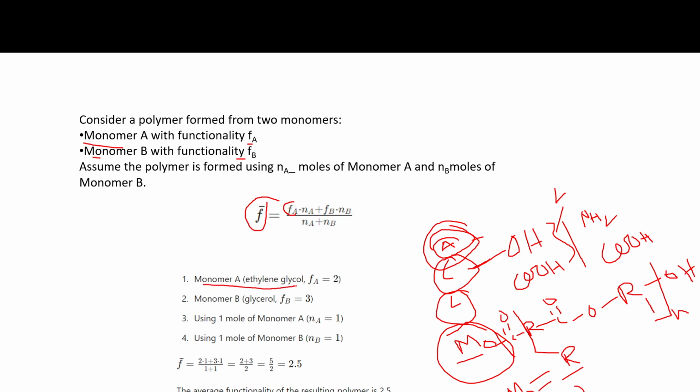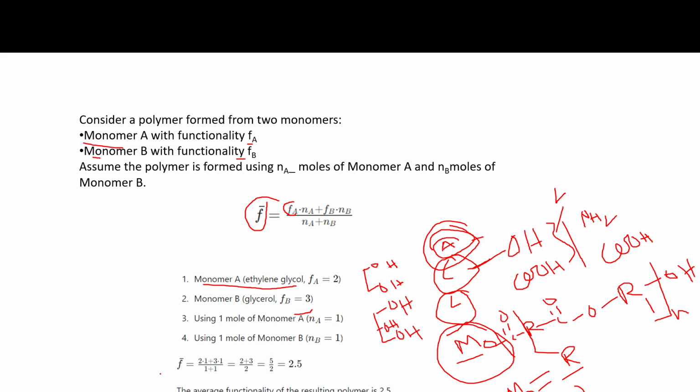As an example, ethylene glycol has two OH groups present, so the total number of functional groups is 2, that is, the functionality is 2. Glycerol has three OH groups, so its functionality is 3.